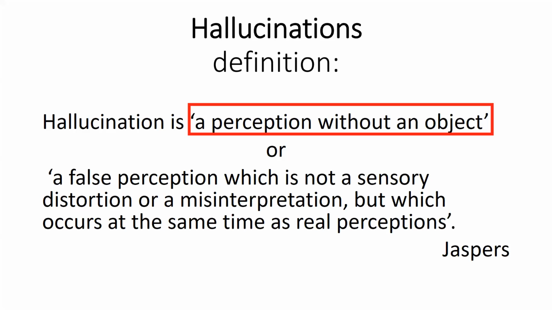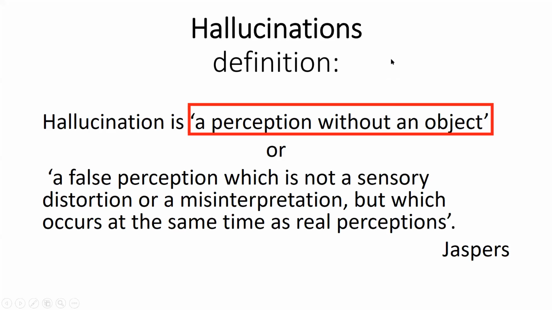But in mental disorder, in hallucination, a person can hear what is a fantasy for him. At the same time, he sees the real object. So it occurs in a real perception.